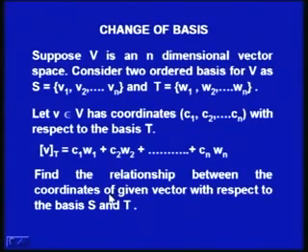Now, the question is, what is the relationship between the coordinates of the given vector with respect to the basis S and T? Now, this describes the change of basis.